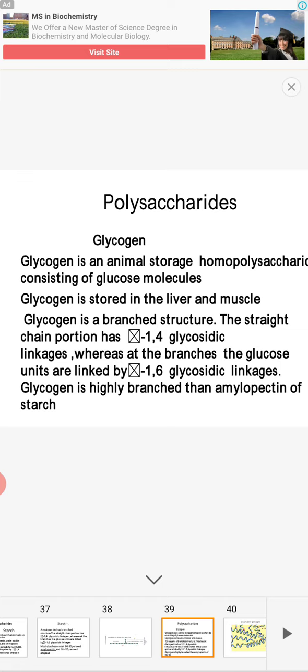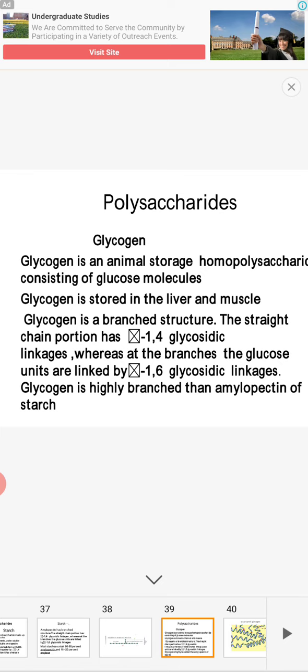But what is the difference between glycogen and starch? Remember, glycogen is also branched, but glycogen is highly branched. It is an animal storage homopolysaccharide. So it is like amylopectin; amylose is not there. The straight chain portion, then a branched structure, straight chain again branched. Alpha 1,4 glycosidic linkage, where at branches it is alpha 1,6 glycosidic linkage.